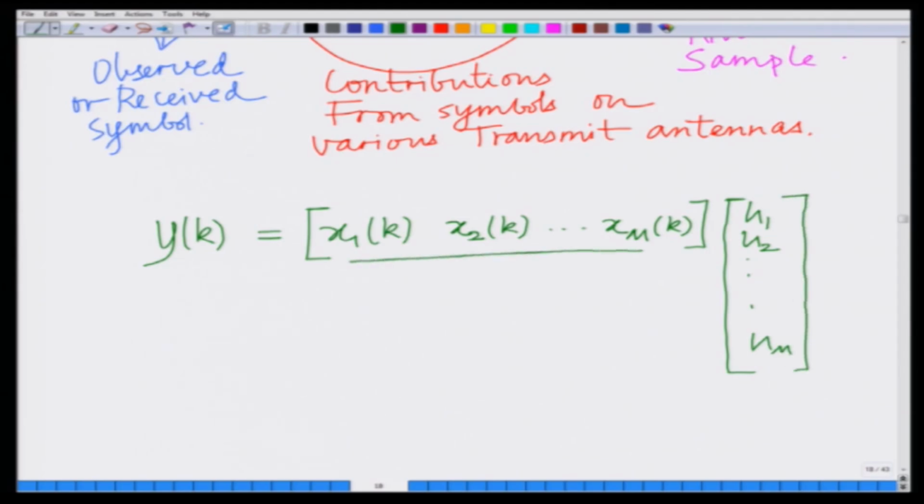So, this is the row vector of m pilot symbols transmitted from the m transmit antennas.